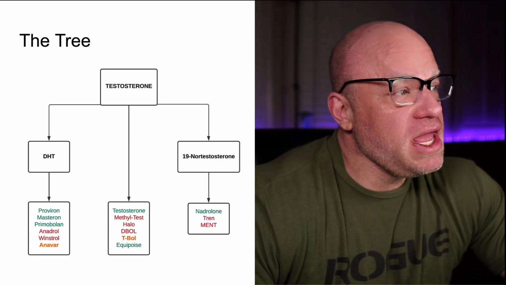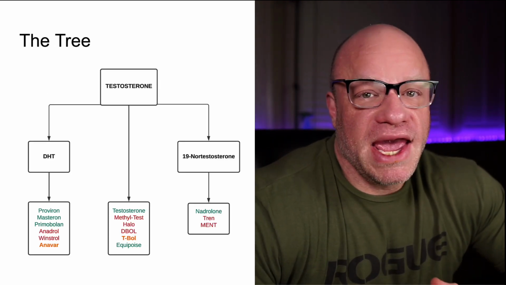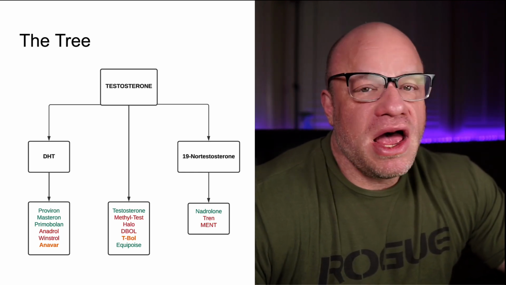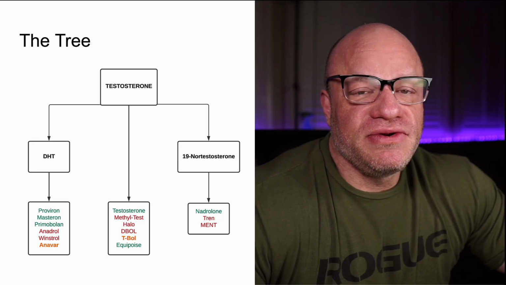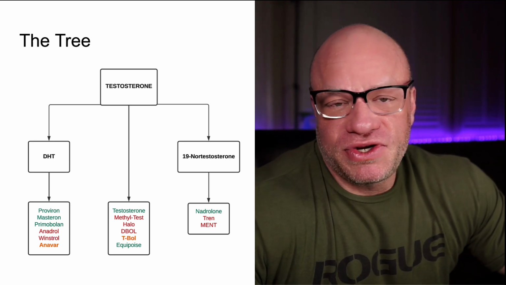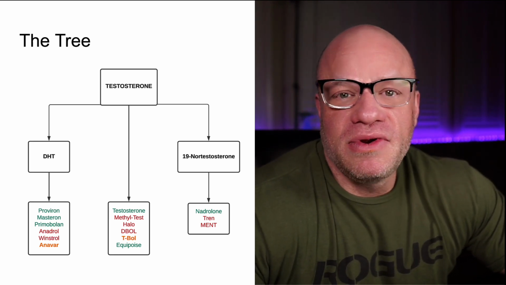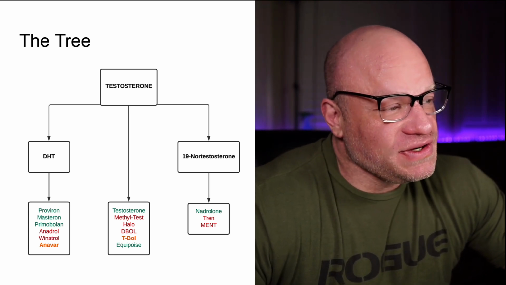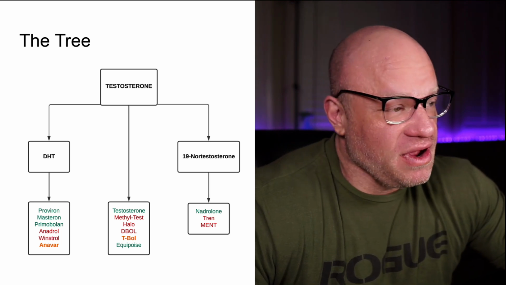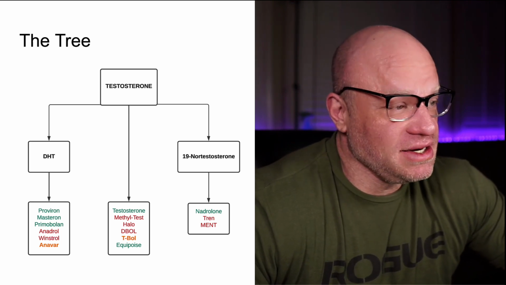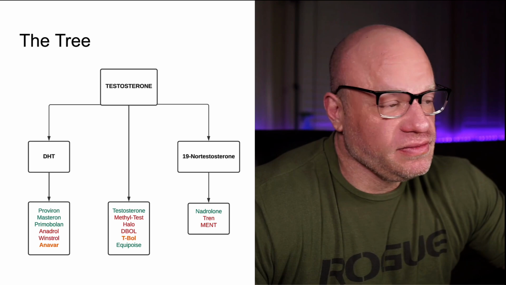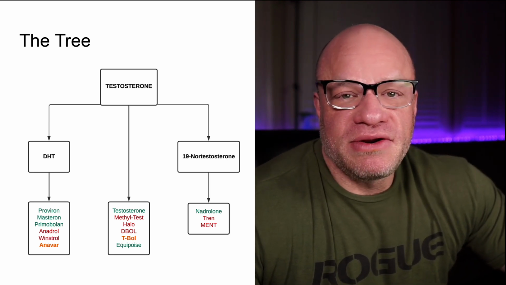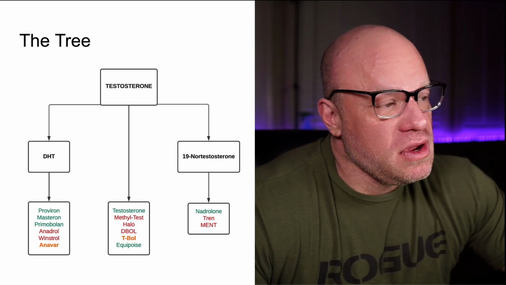All right, so here is the tree. At the top of the tree, we have testosterone. The various testosterone derivatives that we have, I'm sure I missed some here, guys, so don't shoot me if I missed something. We have testosterone, we have methyl testosterone, we have halotestin, we have D-bol, we have T-bol, and we have equipoise under the testosterone column.